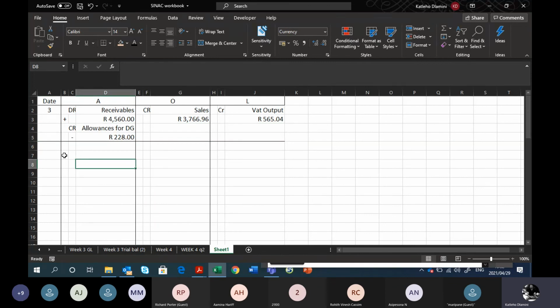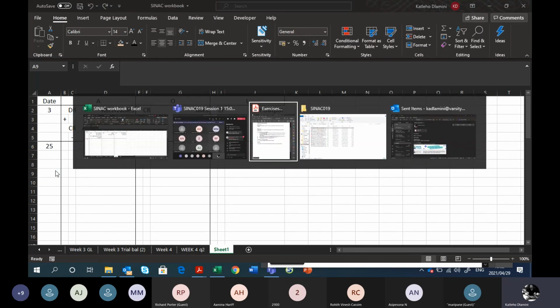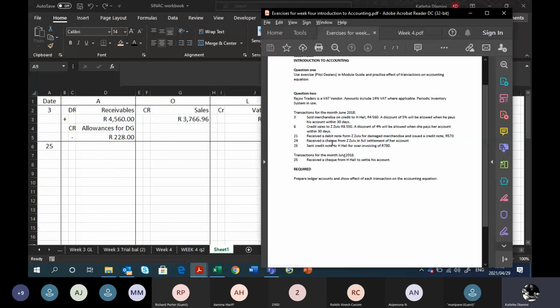Okay, the next one we're going to do is the one on the 25th. So we're going to do the overcharge, this one over here. Then we're going to do the actual payment, and we'll also show the cancellation of the discount.